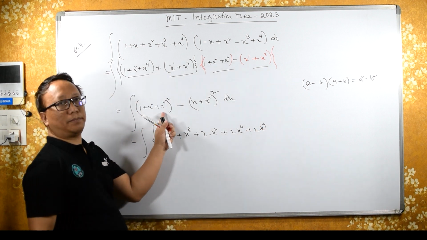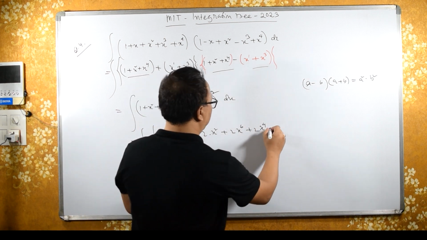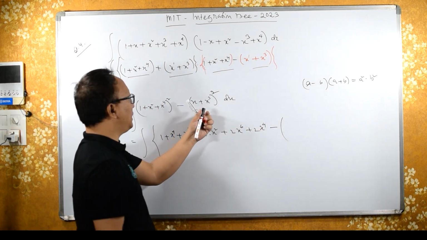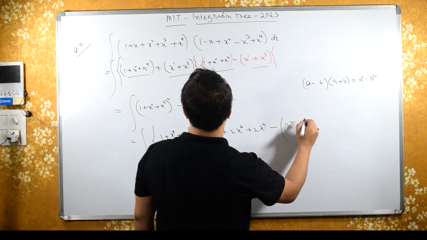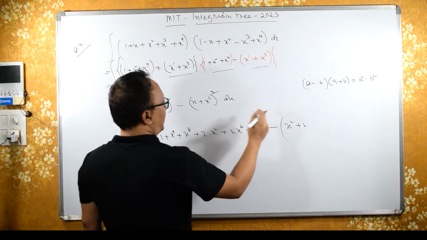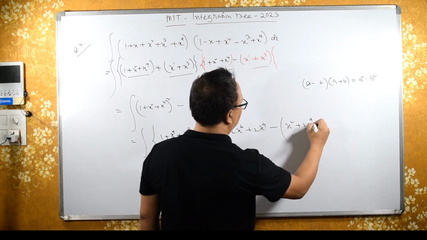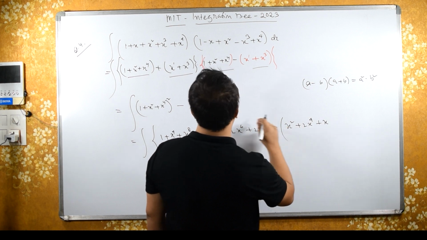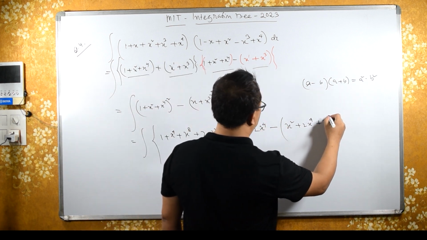This is a plus b plus c the whole square, and then minus the bracket a plus b the whole square: a square plus twice ab, meaning twice 3 plus 1 is 4, x raised to 4 plus x3 the whole square, which is x6.